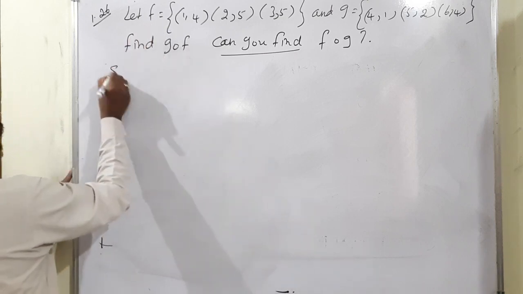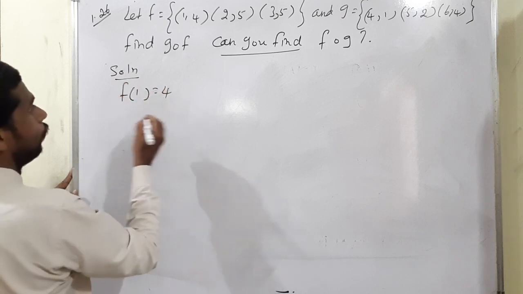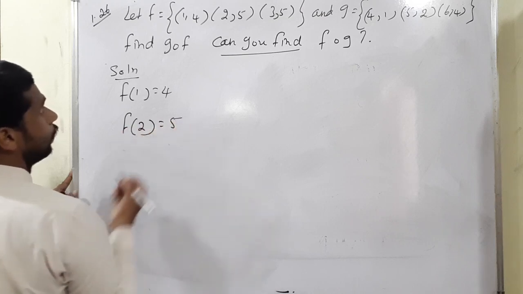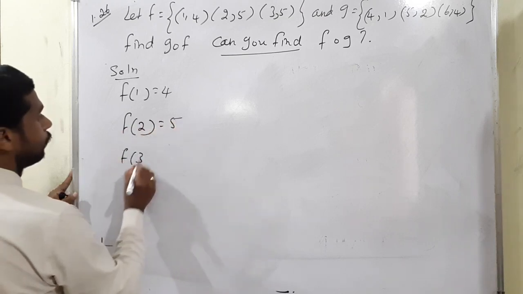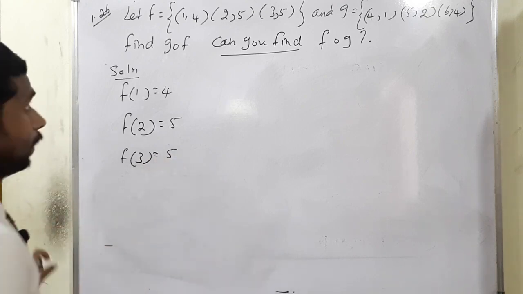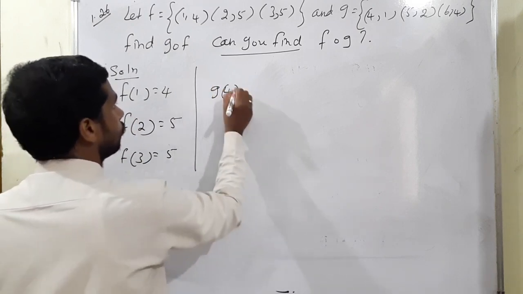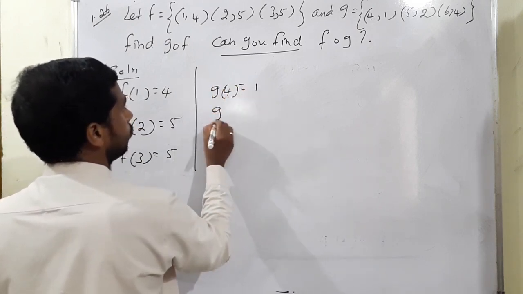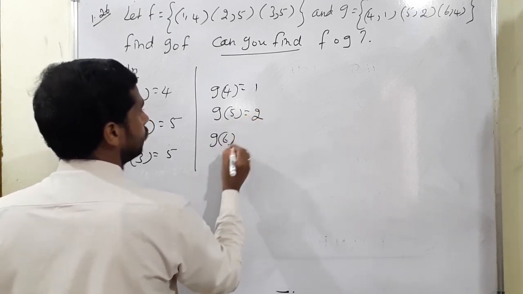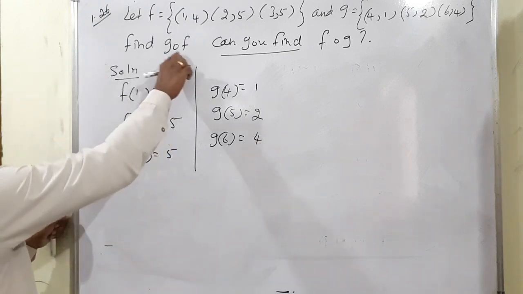Given condition, solution: f of 1 is equal to 4, f of 2 is equal to 5, f of 3 is equal to 5. Next, g of 4 is equal to 1, g of 5 is equal to 2, g of 6 is equal to 4. Now find f composite g.